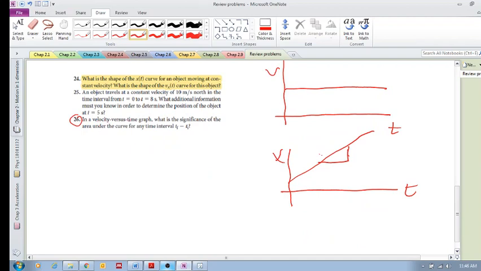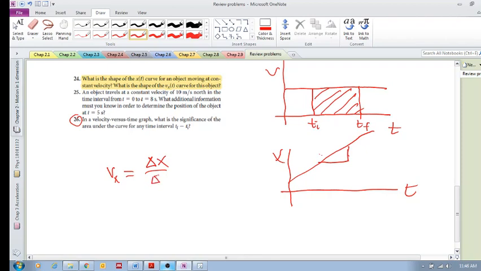In a velocity time graph, what is the significance of the area under the curve for any time interval tf minus ti? So if there's my time initial, and there's my final time, what is the significance of this area under the curve? The significance is, well, let's have a look here. So Vx is what?